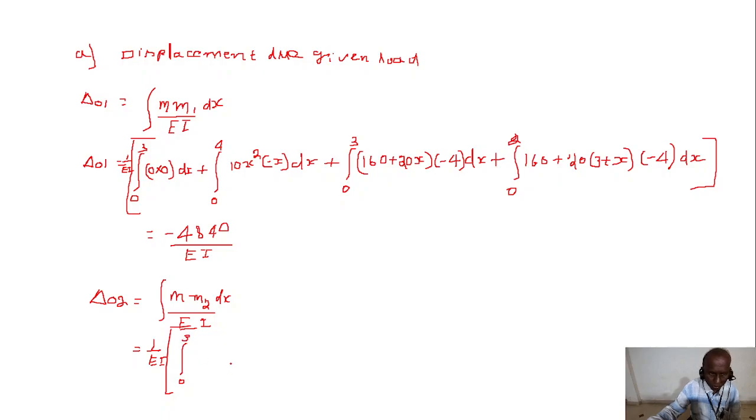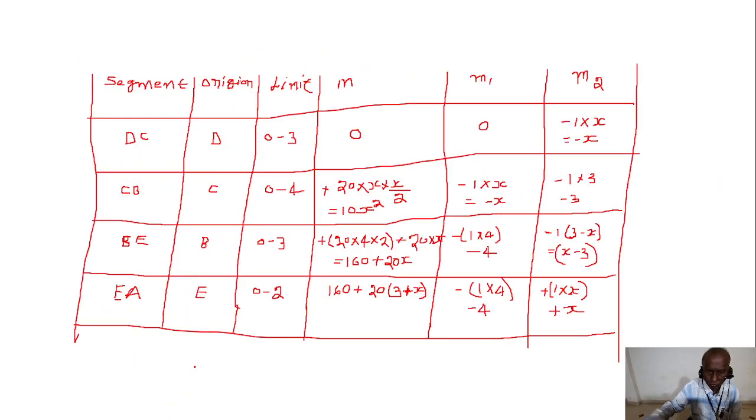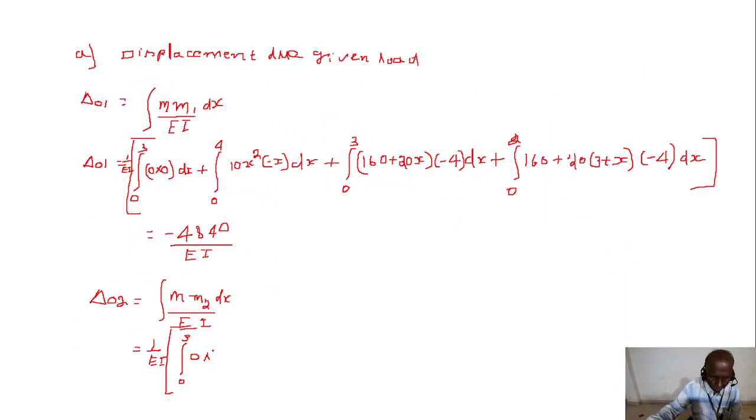M is 0, M2 is minus X, totally 0, minus X dx. Plus next segment 0 to 3.